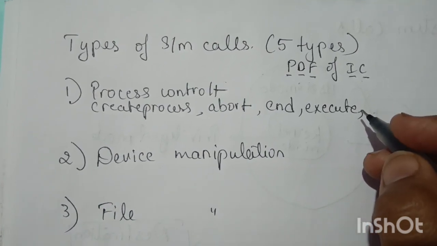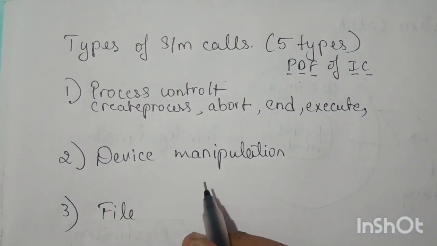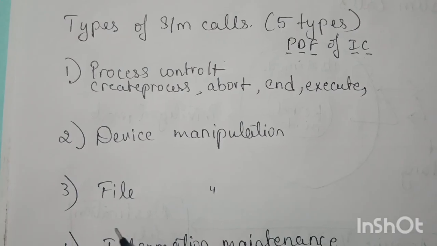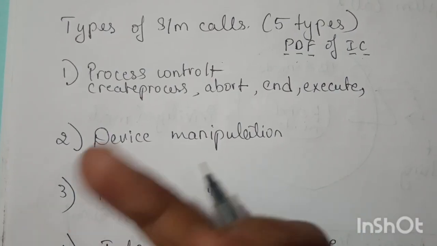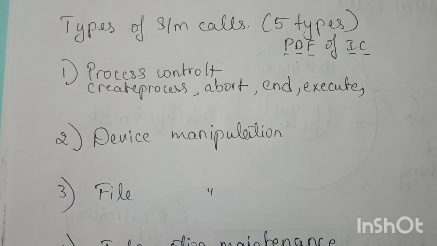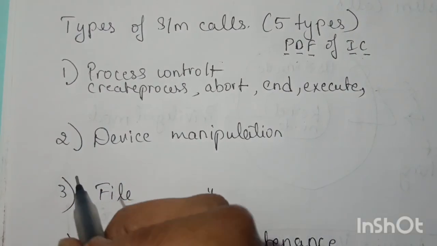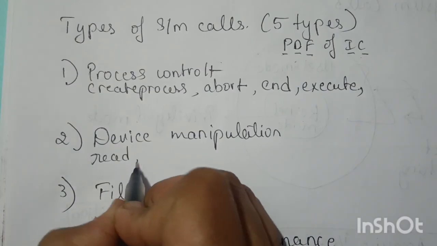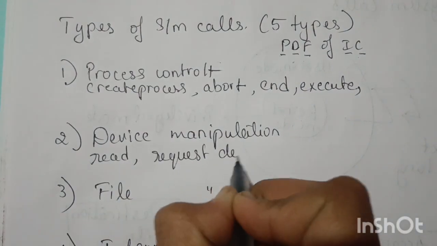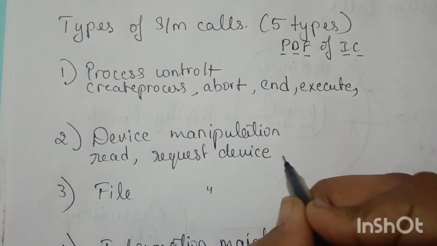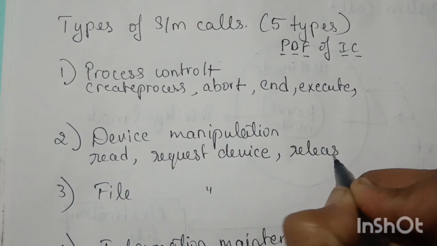For device manipulation, you have to write the attributes of the devices, like get device attributes, request a device, and release a device.